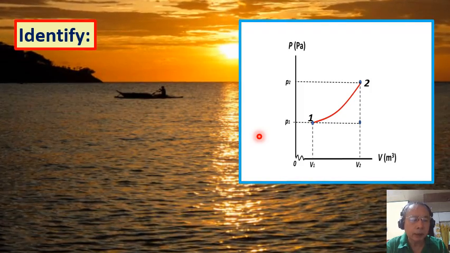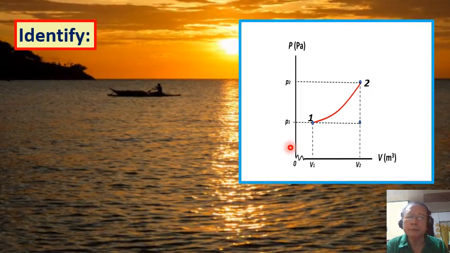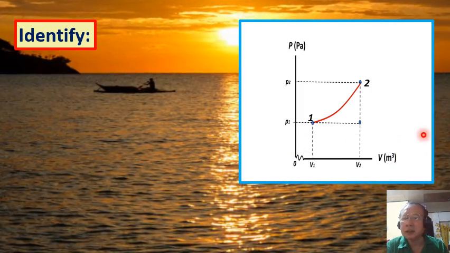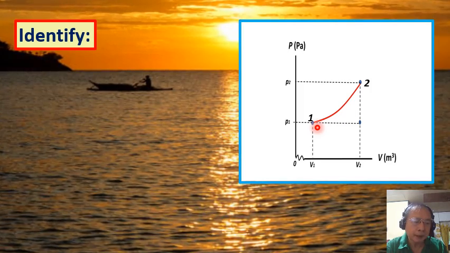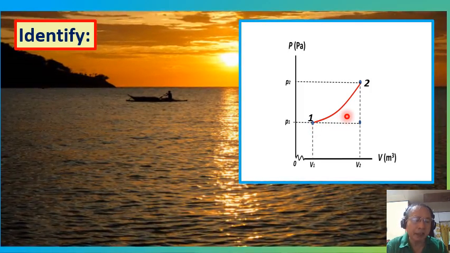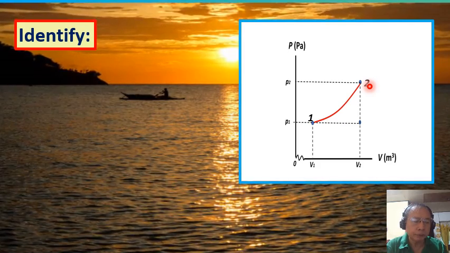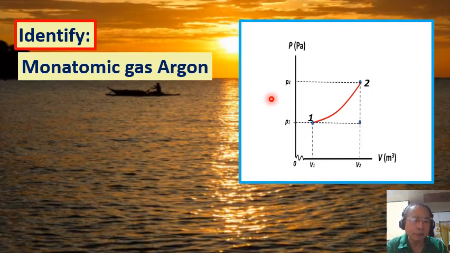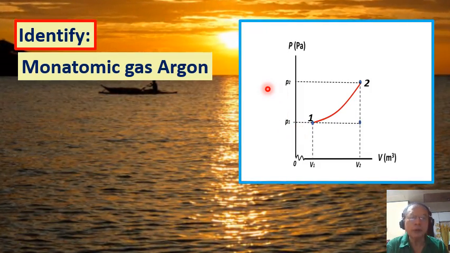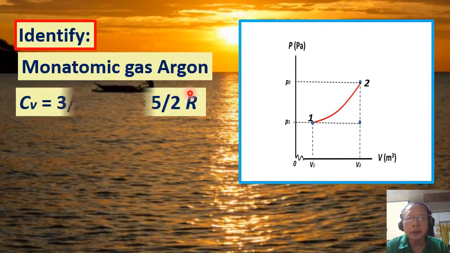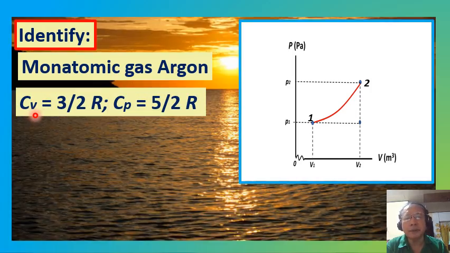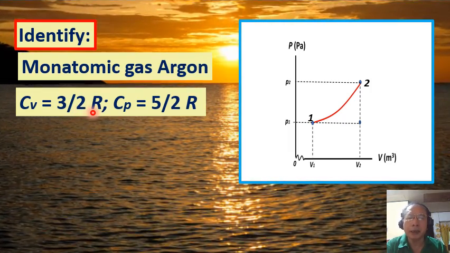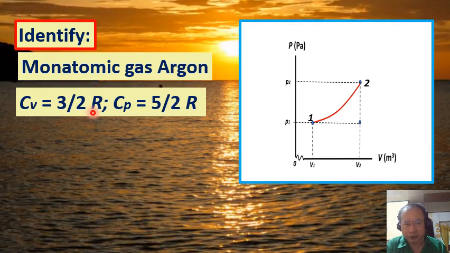For clarity, we include the pressure volume graph for this thermodynamic process, which has its initial state at point 1 and a final thermodynamic state at point 2. The molar heat capacity of the gas at constant volume, denoted by capital C sub V, is equal to 3/2 capital R, where capital R here means the universal gas constant.